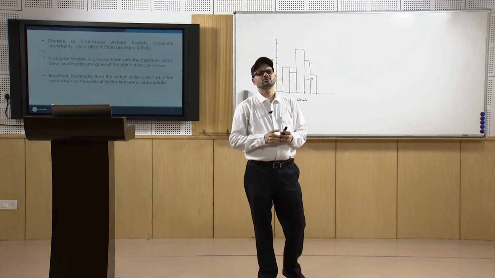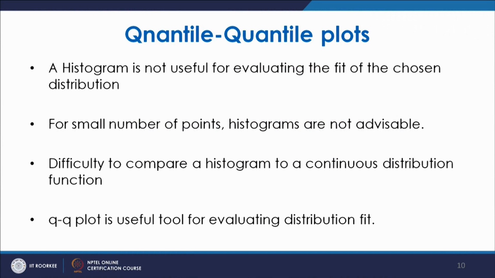Now, coming to the quantile plots. We have to see how well the distribution fits, because a histogram is useful for evaluating the fit of the chosen distribution when you have a large number of points.